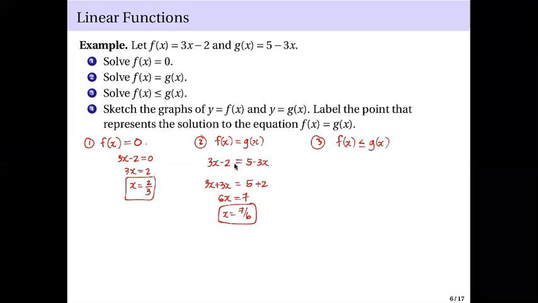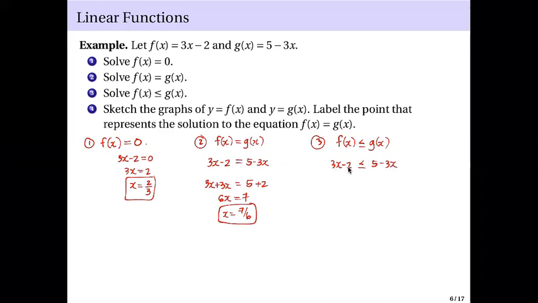On the left side, you have 3x minus 2, less than or equal to 5 minus 3x. So we move this minus 3x from the right side to the left side.